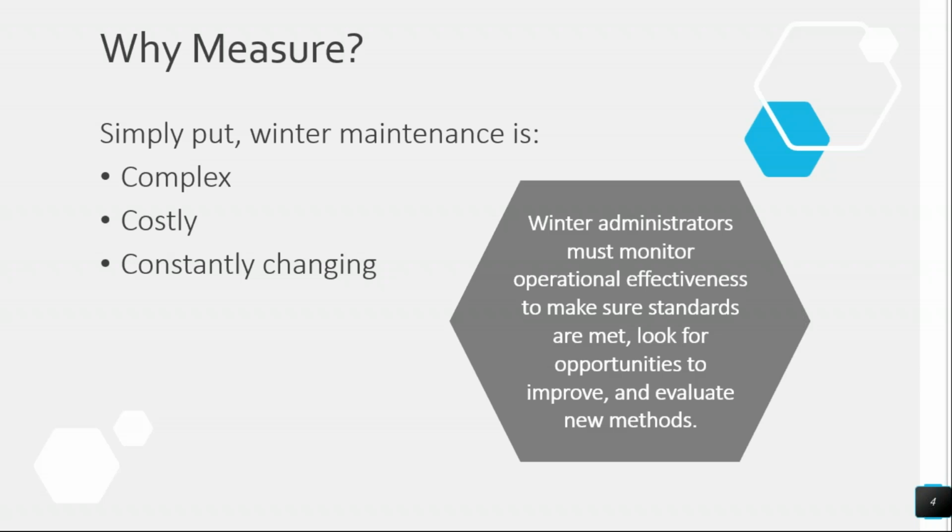Just for an example, here at Iowa DOT, we budget somewhere between $40 and $60 million on winter maintenance operations on our state and federal highways. So a little bit of benefit can turn into a lot of real money when you're talking about that many zeros in the budget. And then it's also constantly changing.